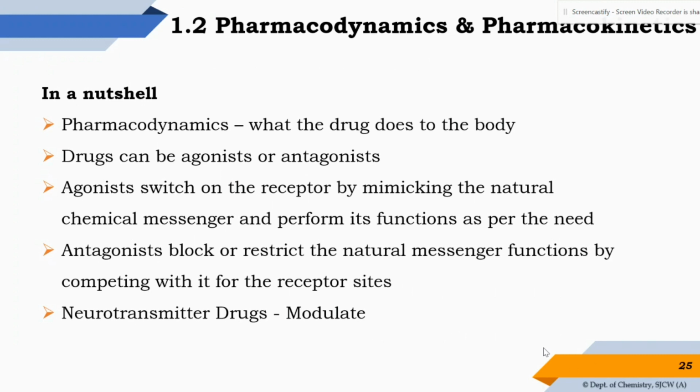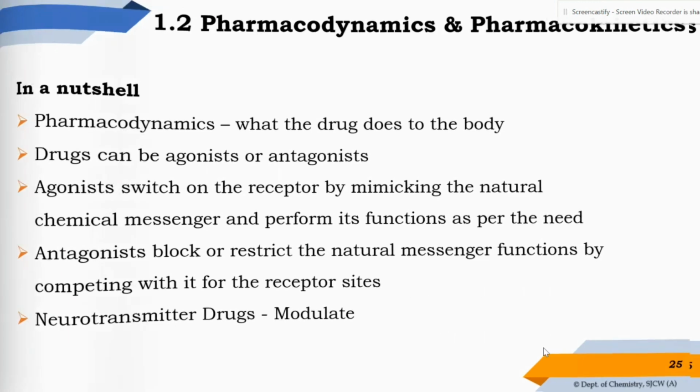Agonists will mimic the natural messenger and perform its functions, whereas antagonists block or restrict the natural messenger functions by competing with it for the receptor sites. We have also seen that neurotransmitter drugs can only modulate the effect of a natural neurotransmitter. They cannot alter the effect, they can only modulate the intensity of the effect.